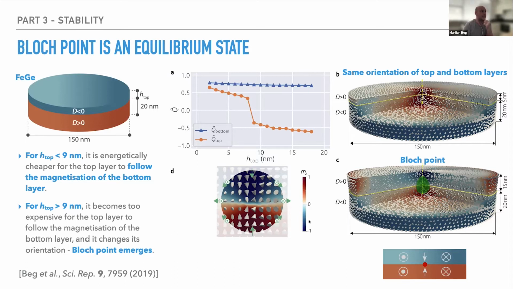In this cross section, you can see that for small thicknesses of the top layer, the magnetization in the top layer follows the magnetization in the bottom layer, whereas if the top layer is thick enough, in this case larger than 9 nanometers, then the Bloch point is introduced so that both vortices have the same chirality, but opposite orientation.